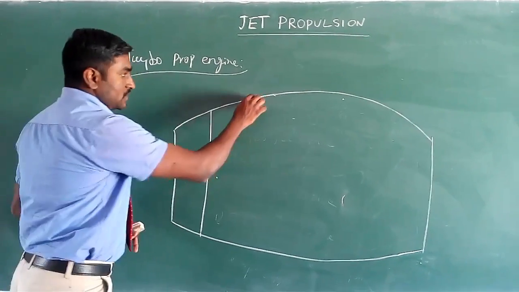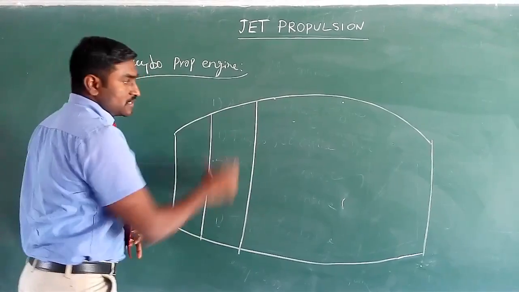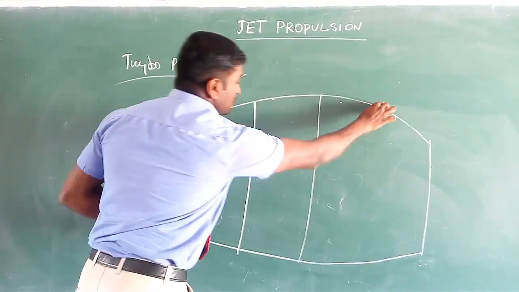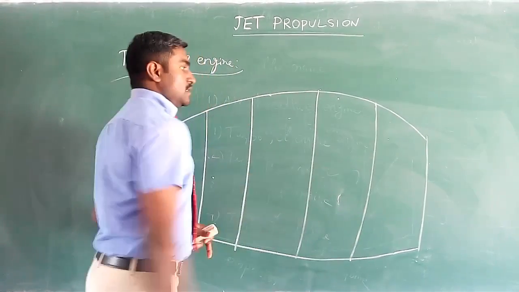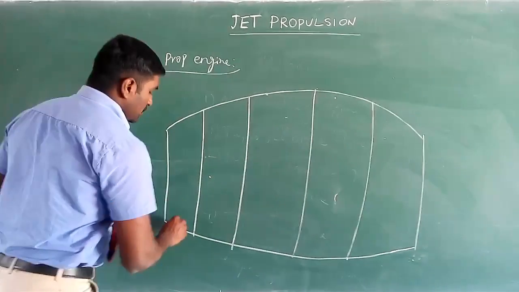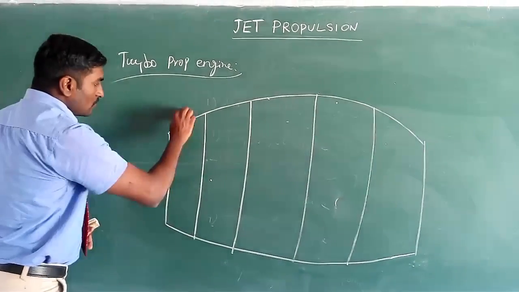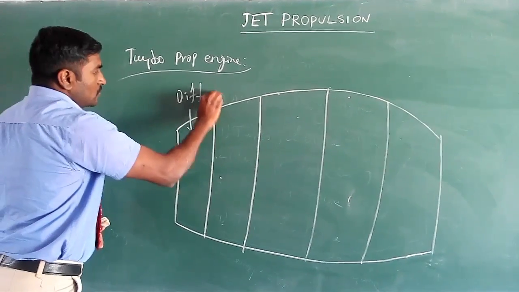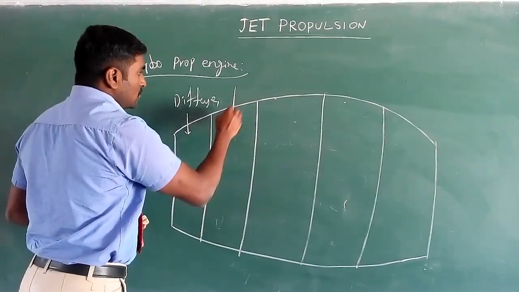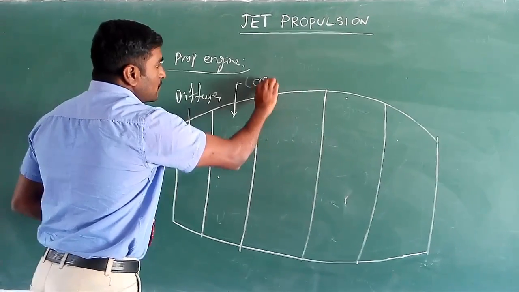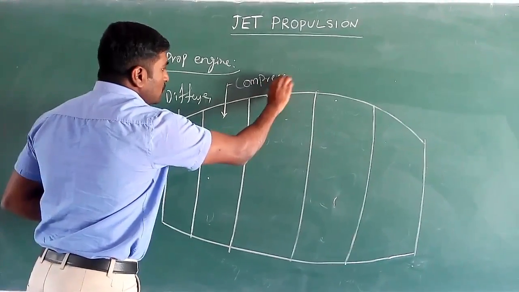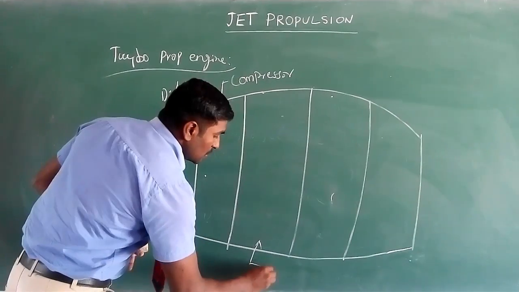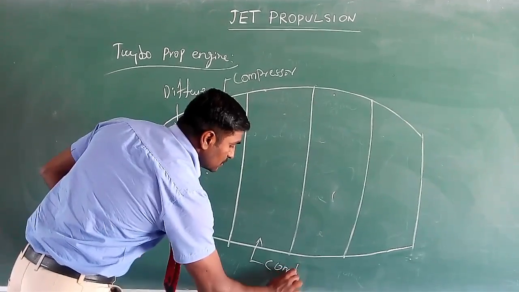One is the diffuser, then the compressor, the combustion chamber, the turbine, and the nozzle. We'll give it a name. This is the diffuser. It's a compressor. This part is the combustion chamber.